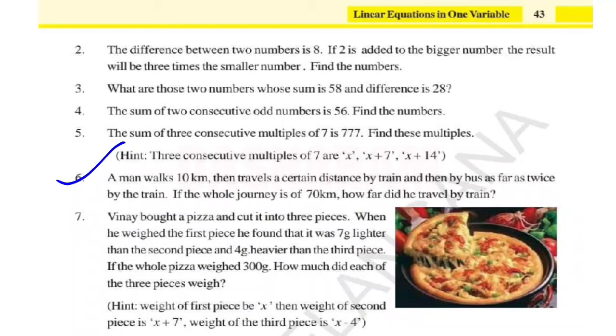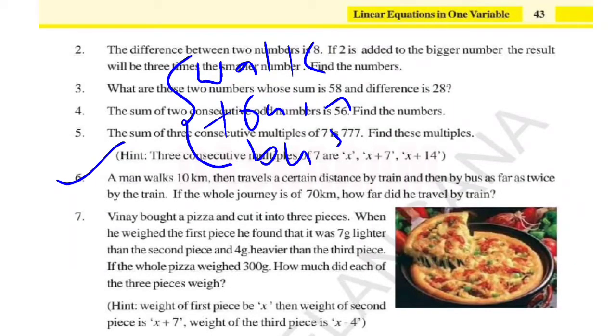See here, in three different modes he traveled a total of 70 kilometers. First he walked, next he used the train, after that he used the bus. So let's find out the distance traveled by these three modes individually.